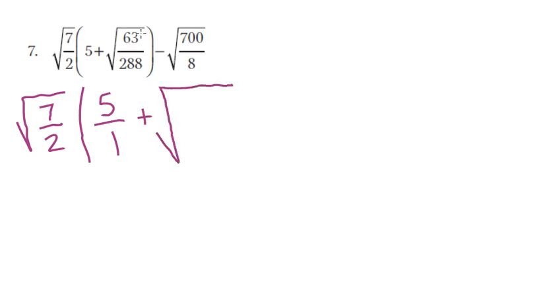I know that 63 is 9 times 7, so that's 3 squared times 7. And 288, that's 144 times 2. So that's 12 times 12 times 2. So each one of these 12s is 2 2s and a 3.